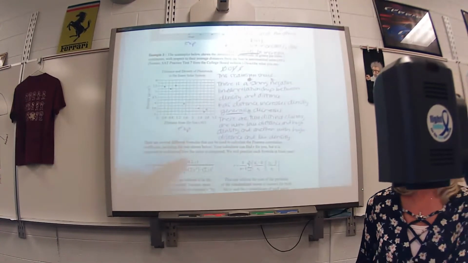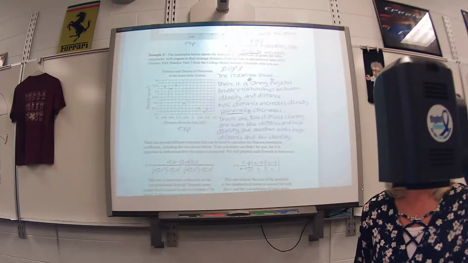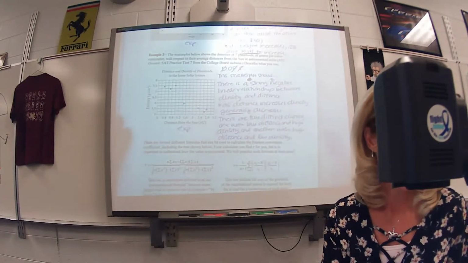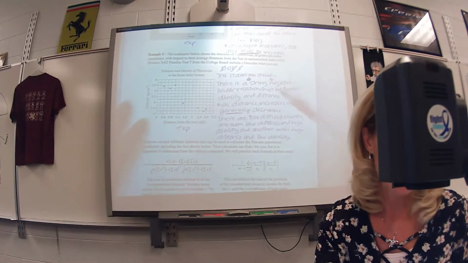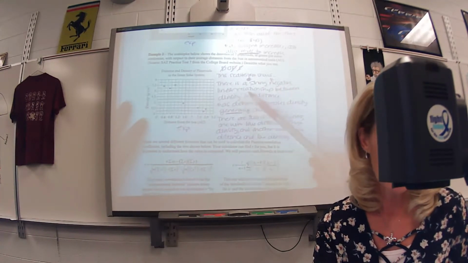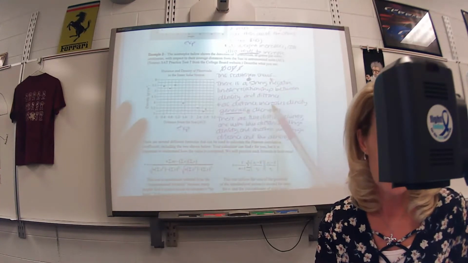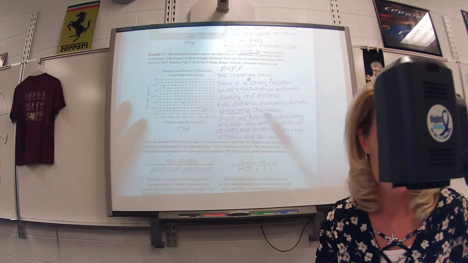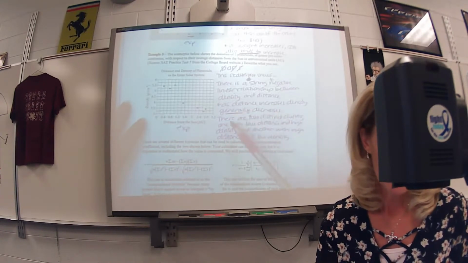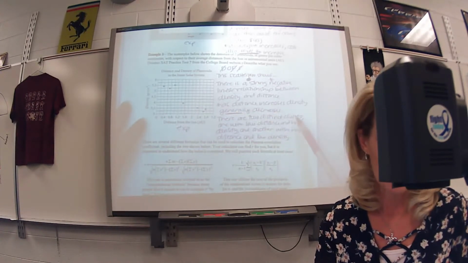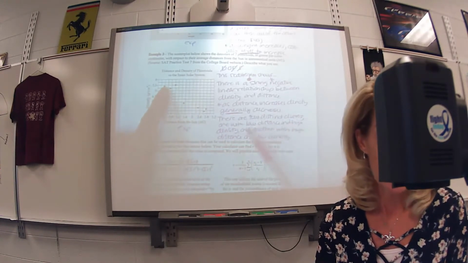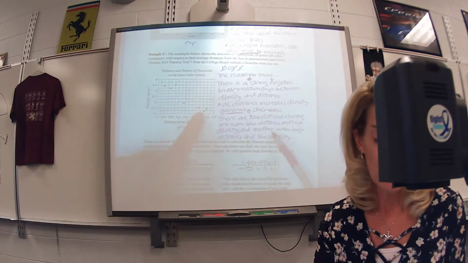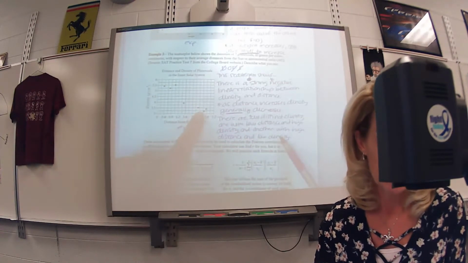All right, so since I write so beautifully, I'm going to read this. So this scatter plot shows distance and density of planetoids in the inner solar system. There is a strong negative linear relationship between density and distance. As distance increases, density generally decreases. There are two distinct clusters, one with low distance and high density, and another with high distance and low density.